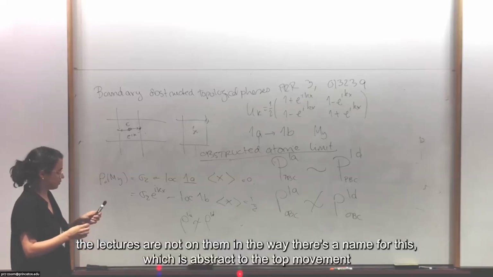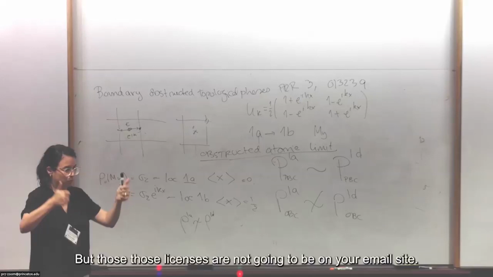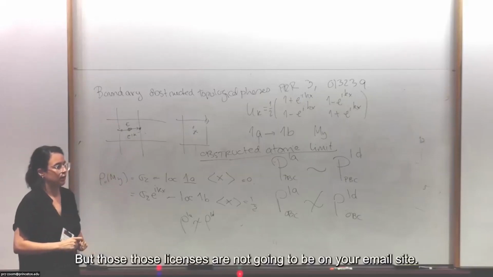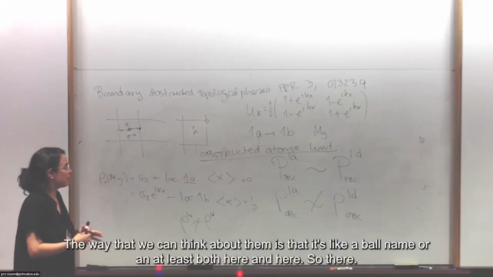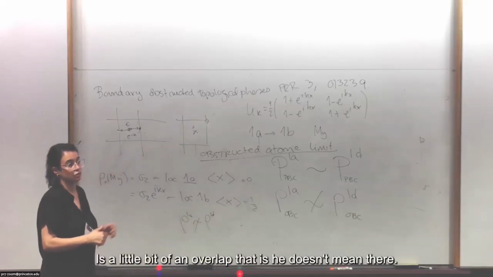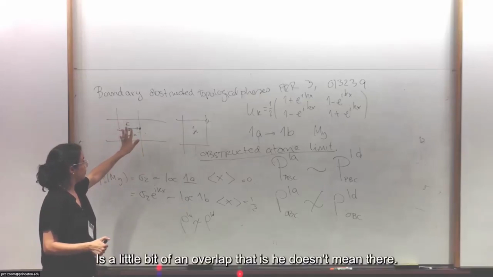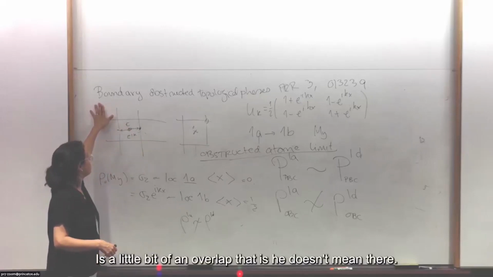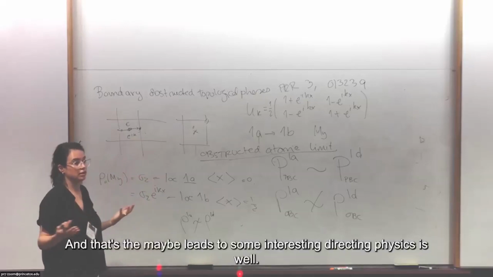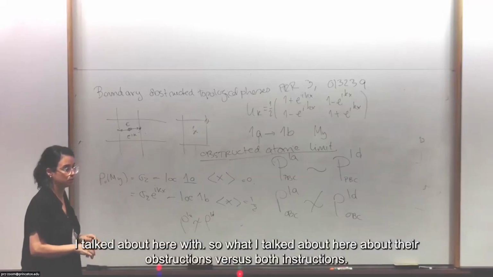The way that we can think about them is like a bonding or an anti-bonding type of state. We have charge both here and here. So there is a little bit of an overlap that is hidden in there, and that can maybe lead to some interesting non-interacting physics. What I talked about here, boundary obstructions versus bulk obstructions, is for the bulk. These are kind of details of where the things are exactly. I don't think there's a major difference between them.